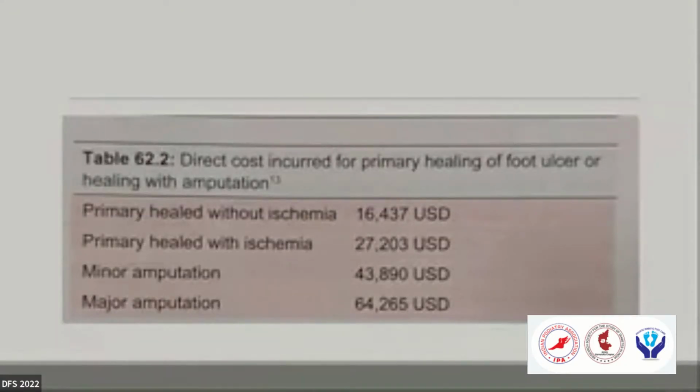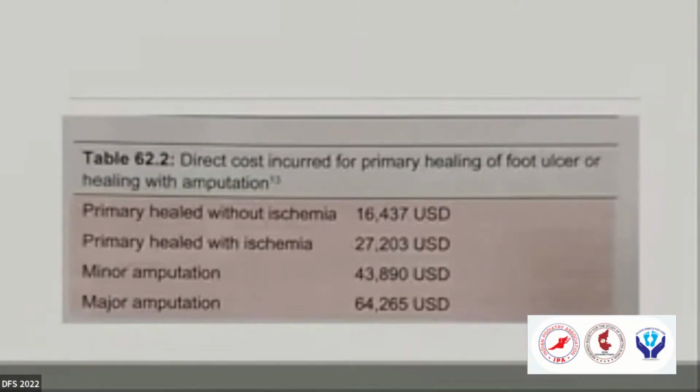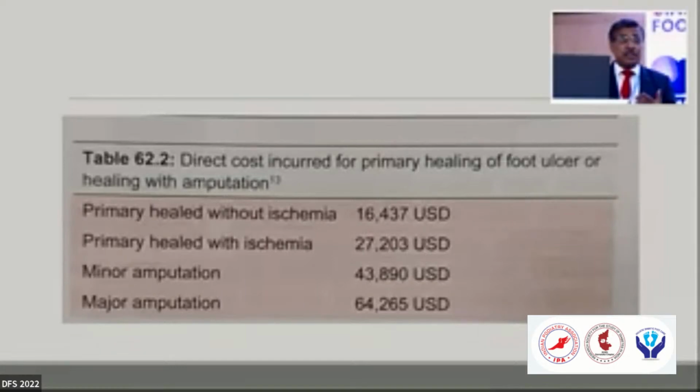When this topic was given to me, we hardly had any data. This is the first time I'm speaking on diabetic foot implications in India. When we opened books, there was only American data, the US data. And believe me, the thing which I found was that a major amputation takes about 64,265 US dollars.